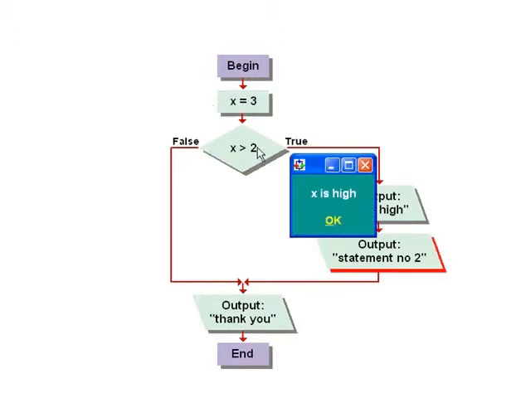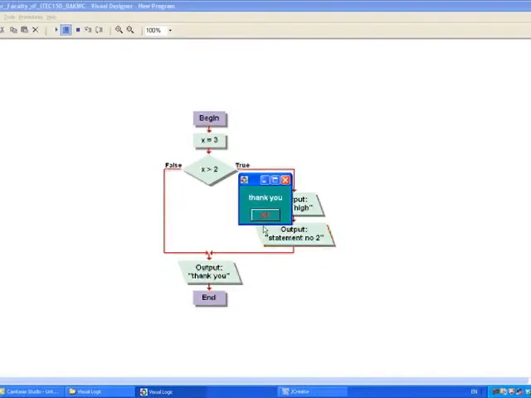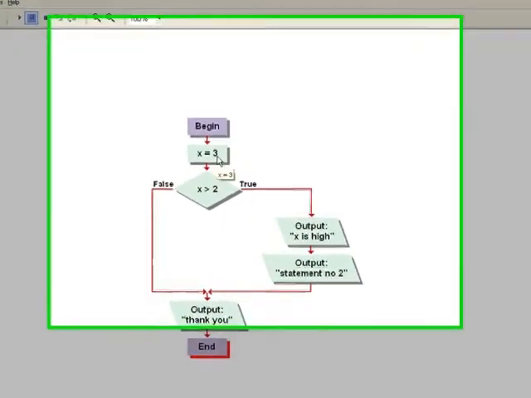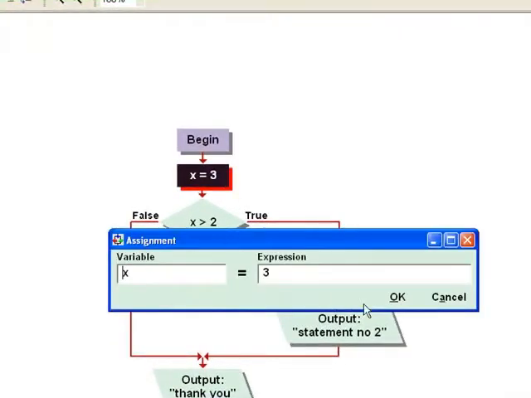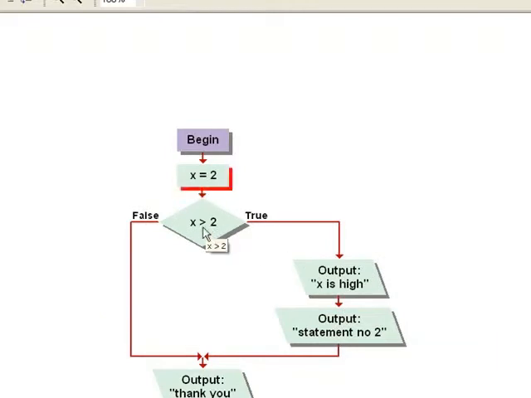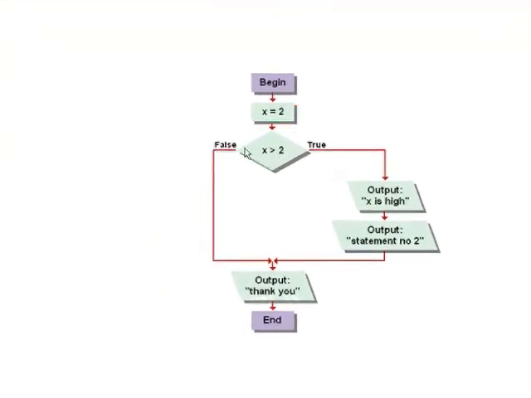Run. Okay, x is high, statement number 2, and thank you. If this is equal to 2, so 2 not greater than 2 means false, so it will go to this direction and print only thank you. If I run it here, it says thank you.